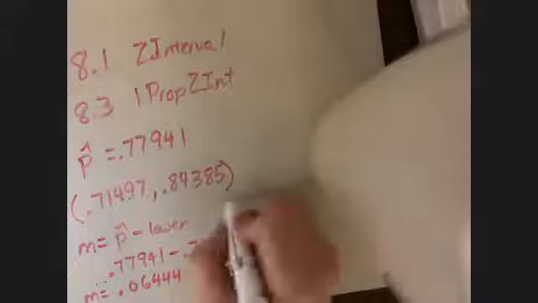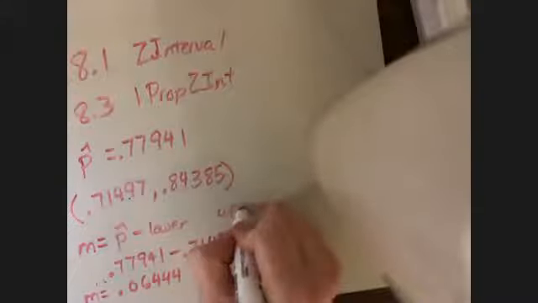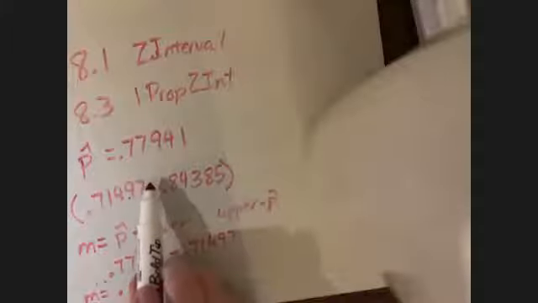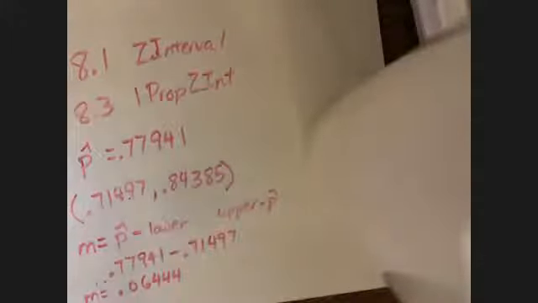Now, you can also check this by doing the upper one minus p hat. The concept here is p hat is right in the middle of here. So if you did the 0.84385 and subtracted the 0.77941, you get the same 0.06444. So you can find a margin of error from the calculator values. You do have to do a little bit of work. It will not tell you your standard error. So if you're asked to find standard error, you are probably going to have to run through.